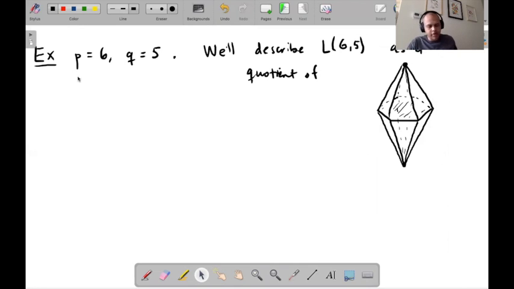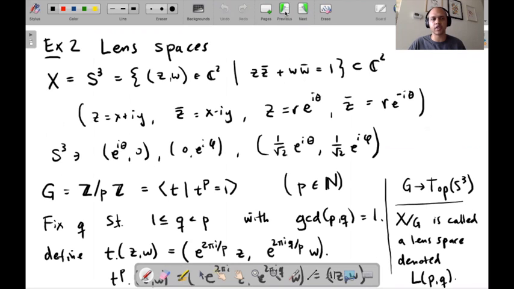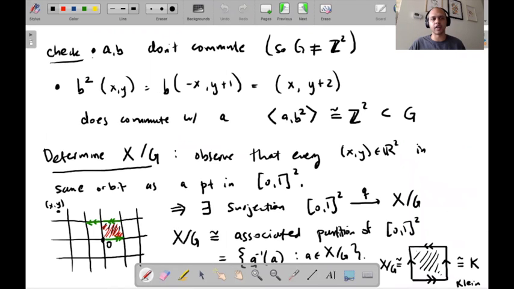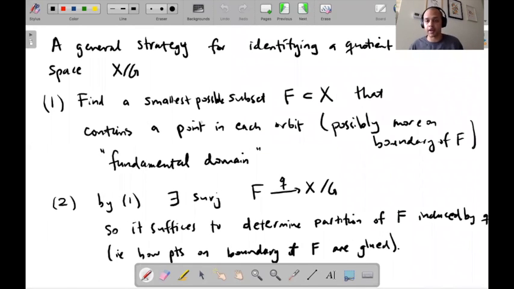Right. So for this, it's helpful to think of the sphere as what's called the join of two circles. Before I say any more, the strategy for describing the lens space as a quotient here is the same strategy we took in understanding the Klein bottle, and this general strategy that I was describing here.